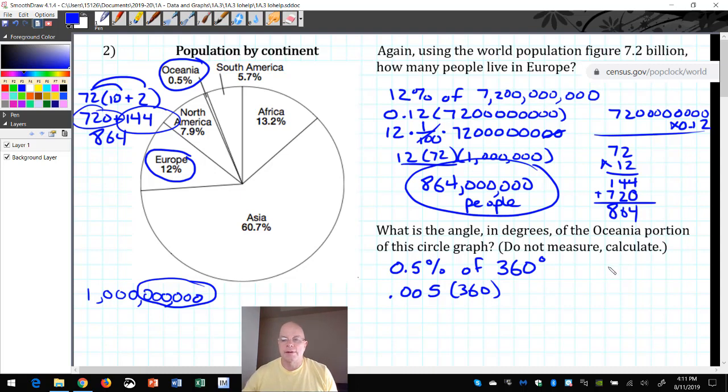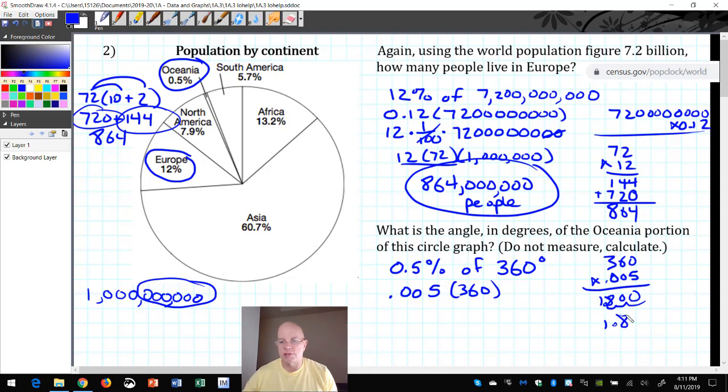You can do that traditional algorithm if you like. I don't think it's a terrible choice in this case, because we're just going to multiply 360 times 5 and get 1800 and realize we have 3 decimal places. So 1.8.